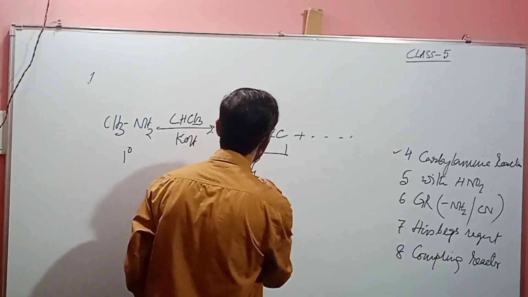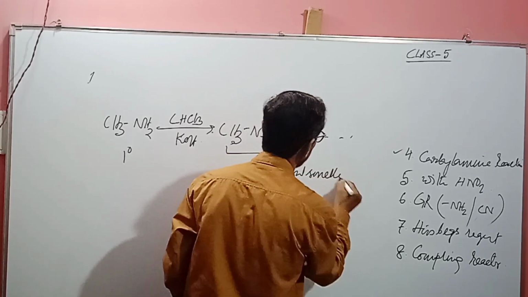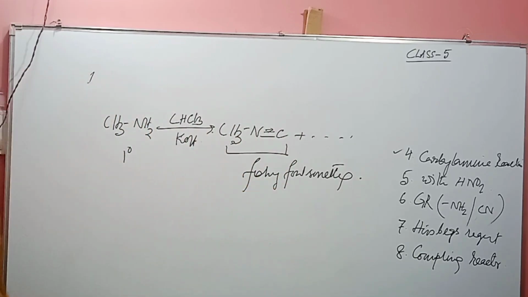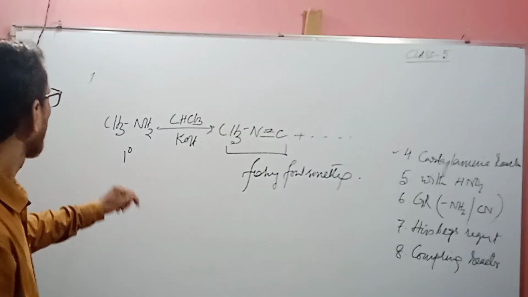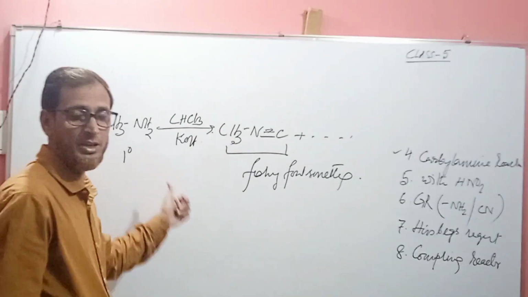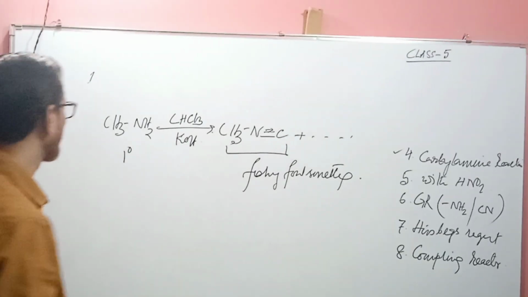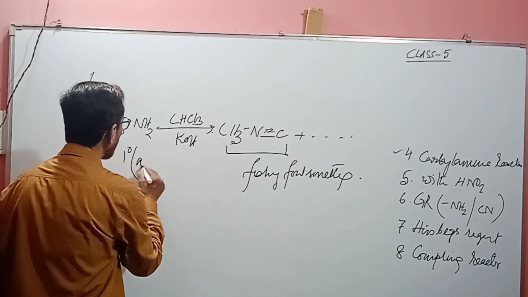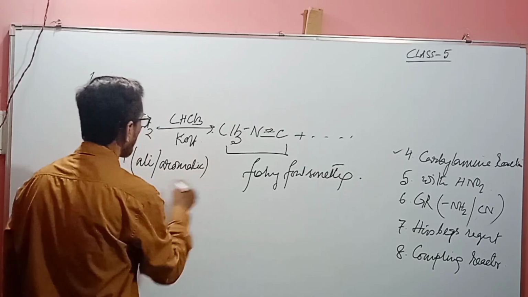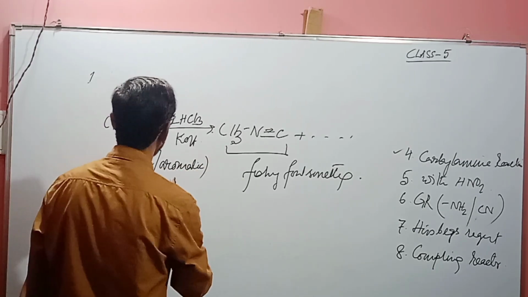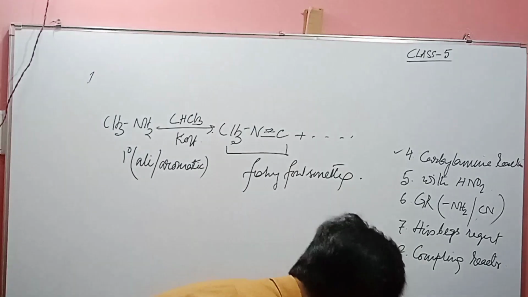This is a fishy, foul smelling compound. You can very easily detect the compound. So the question that comes in exam is what type of amine reacts with chloroform and potassium hydroxide or responds to the carbylamine reaction? The answer is 1 degree aliphatic or aromatic amine. Both 1 degree aliphatic or aromatic amine react to give isocyanide compound.